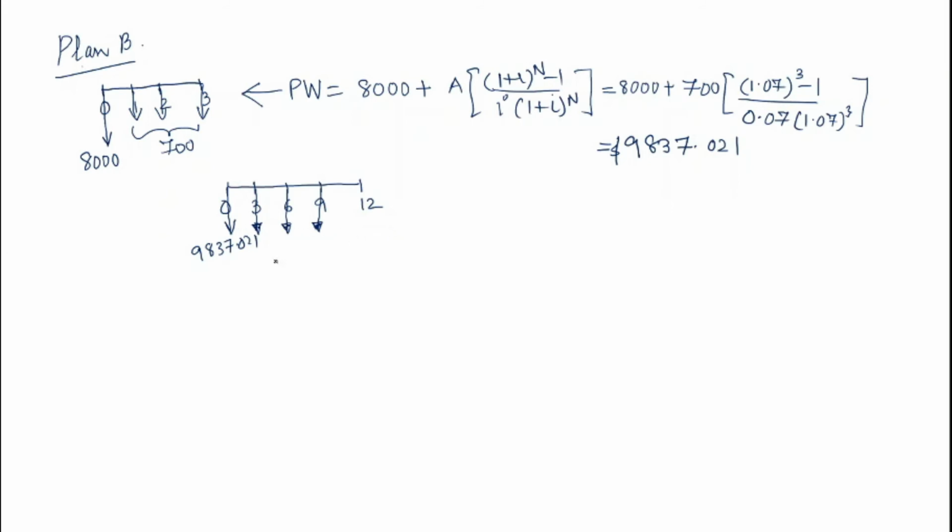Now we have to treat each individual transaction as the future value and find its corresponding present worth. So if I write the expression, the present worth for plan B, this is already at present, so I'll write it as it is.